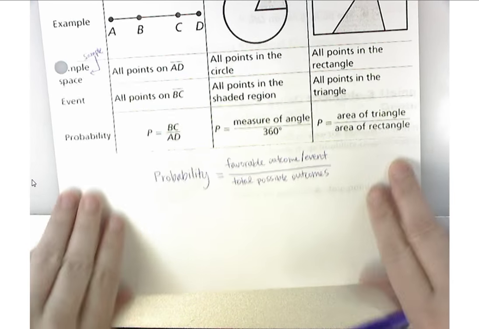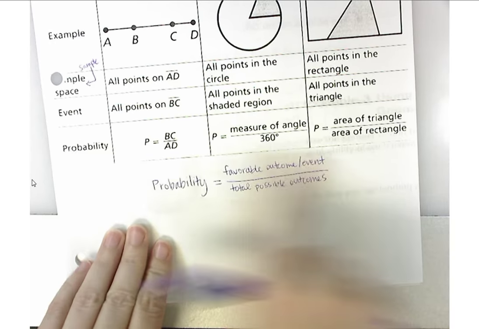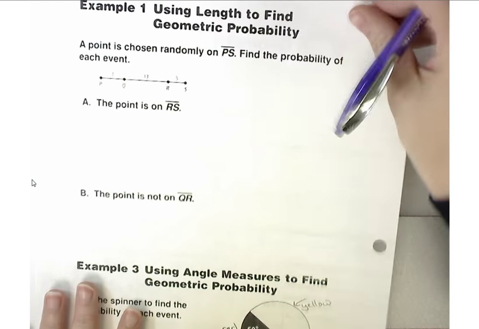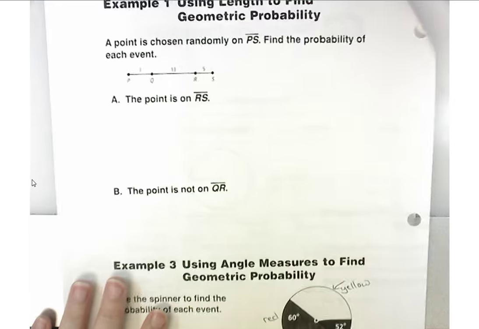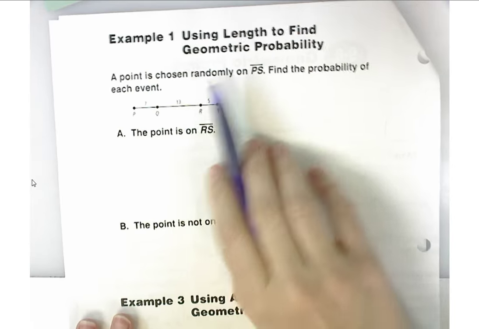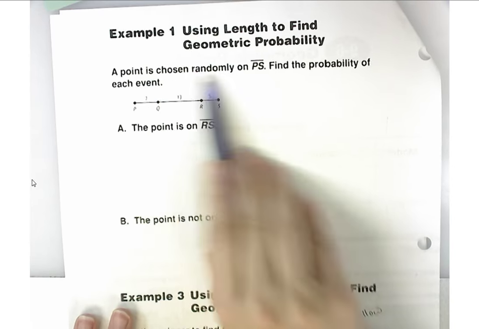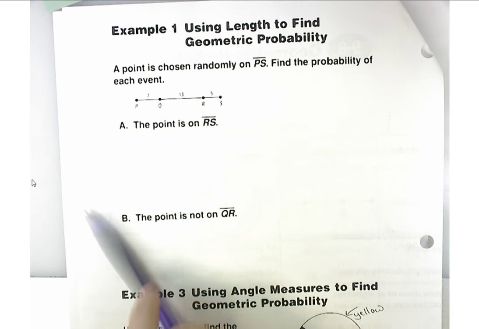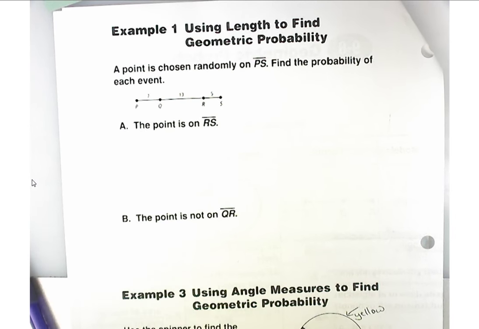Okay, so this is what we want to keep in mind as we start to tackle these problems. So example 1, we're using the length to find geometric probability. A point is chosen randomly on PS, and then it says find the probability of each event.